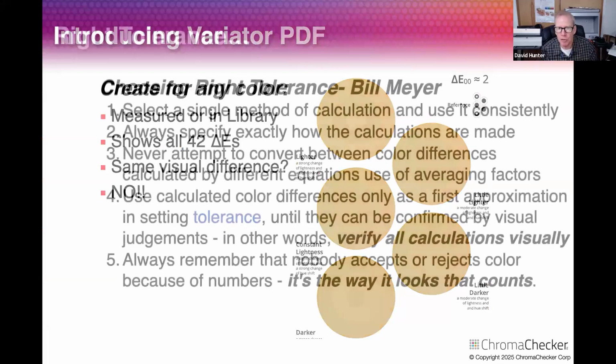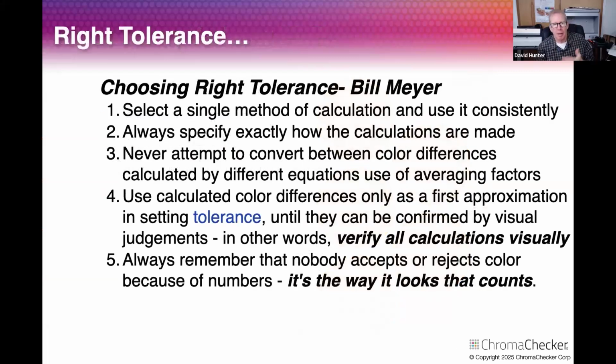If we jump ahead to Bill Meyer, a color expert, he wrote this back in the 70s, which was just way ahead of his time. He said, when choosing the right color tolerance, select a single method of calculation, whether it be delta E 2000 or what have you. Always specify exactly how the calculations are made.